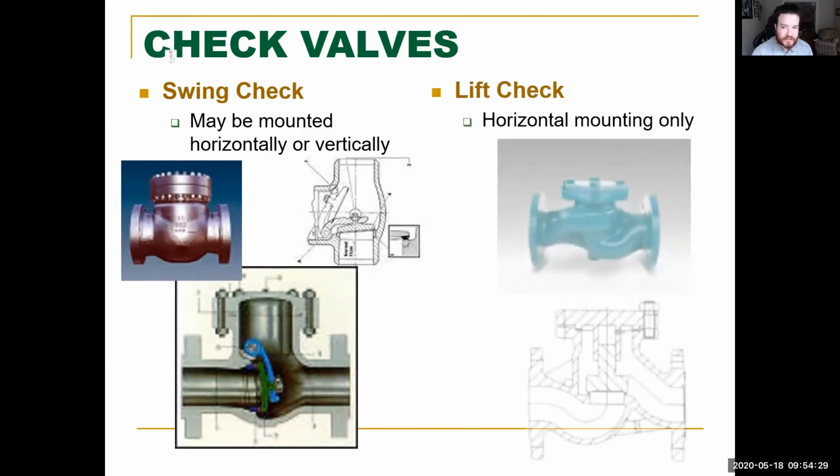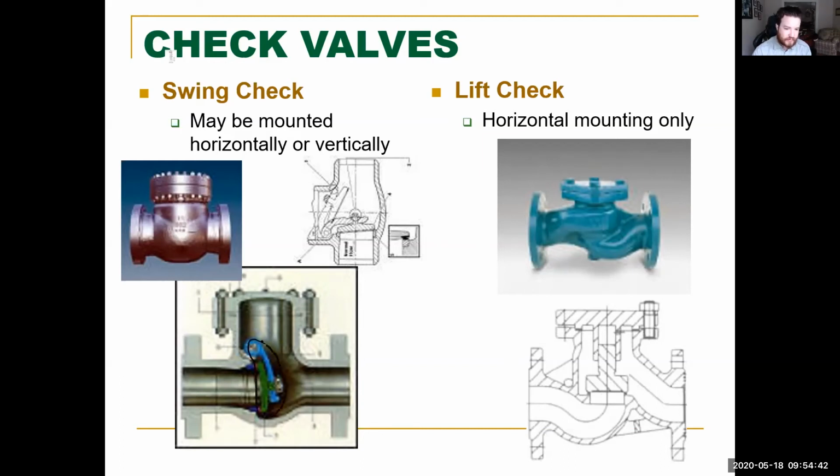So swing checks. Swing checks basically operate off the idea that whatever is right here, this piece, is heavier and will close with no flow. So this naturally wants to be closed.